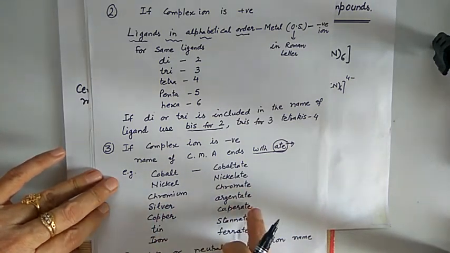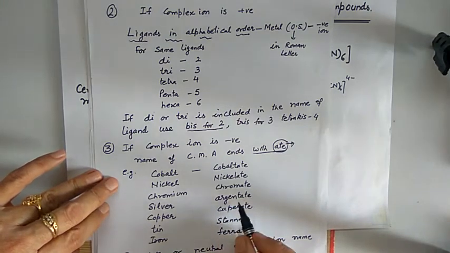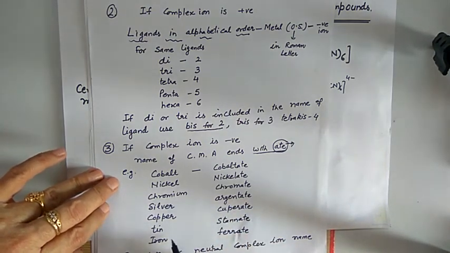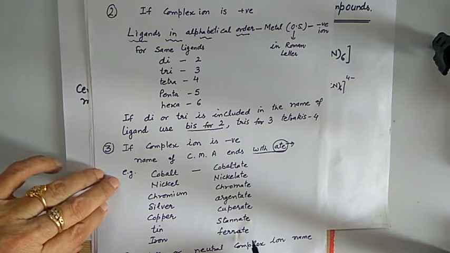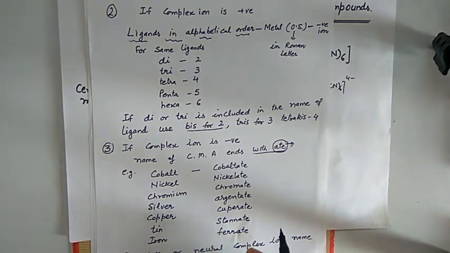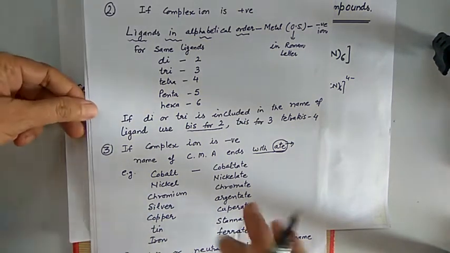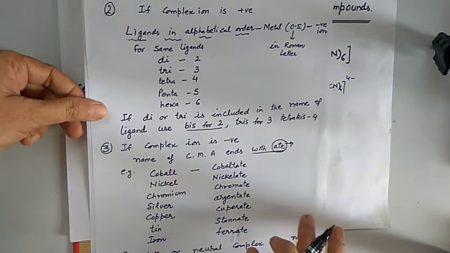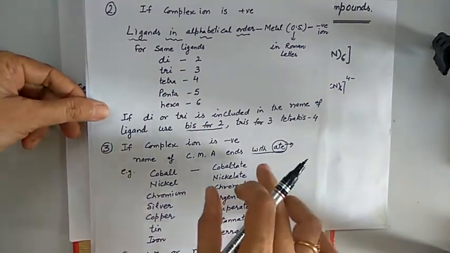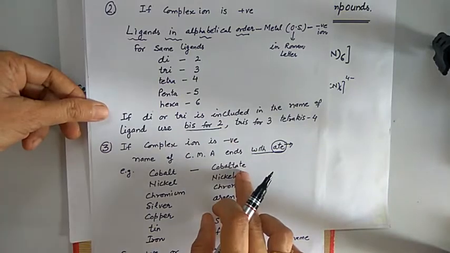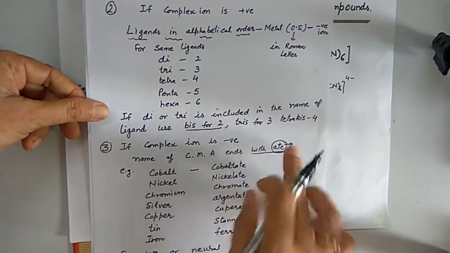Then silver, argentate, copper, cuprate, tin, stannate, iron, ferrate. I have taken a few. You can remember these also. So if the complex ion is positive or neutral, the name of the metal remains the same. It does not change. But if the complex ion is negative, the name of the metal atom ends with ATE.